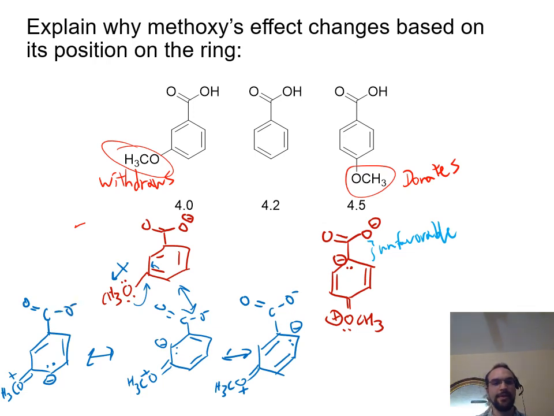And here. But the point is, it moves everywhere in that ring except for that carbon, right? So it's not putting electron density directly on the carbon attached to the carboxylic acid.